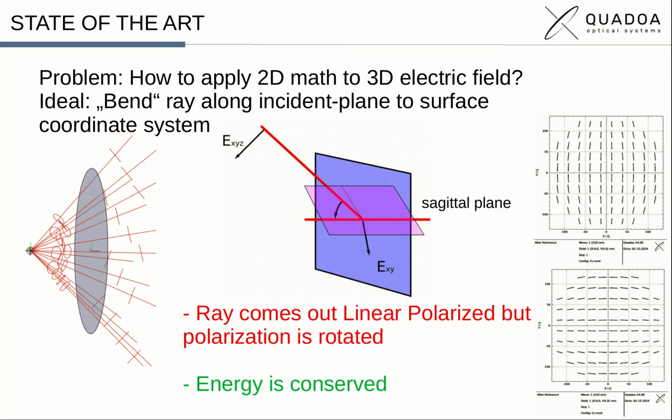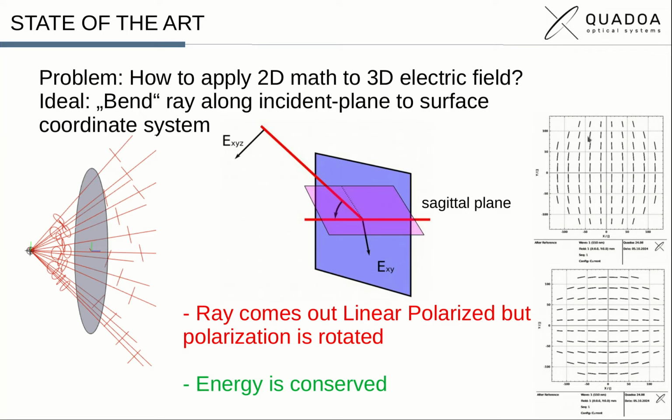The second method for the coordinate system transformation that is available in Quadoa is visualized in this picture. It works by rotating the ray until it's perpendicular to the surface plane. And the advantage of this method is that since we do not ignore the z component of the vector, the energy is conserved.